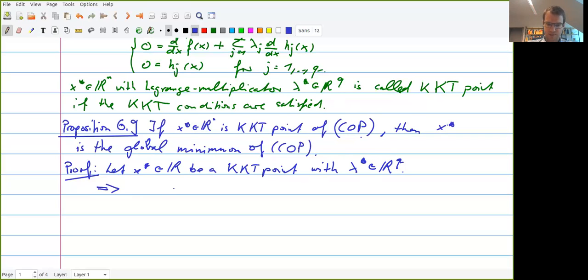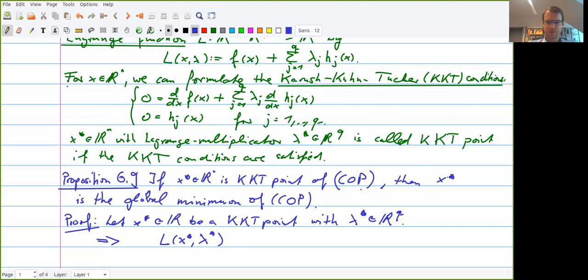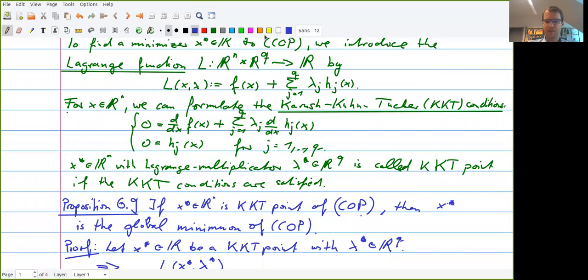Well, what does it imply? If I plug in my KKT point with this multiplier lambda star, then thanks to the linear constraint, the Lagrange function as defined up here is just the function f itself.